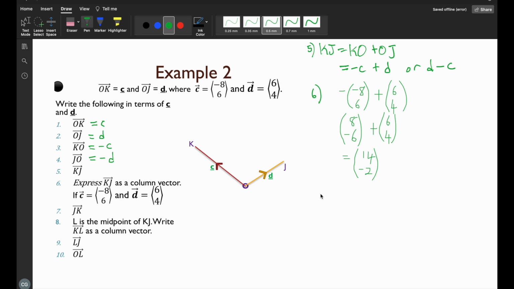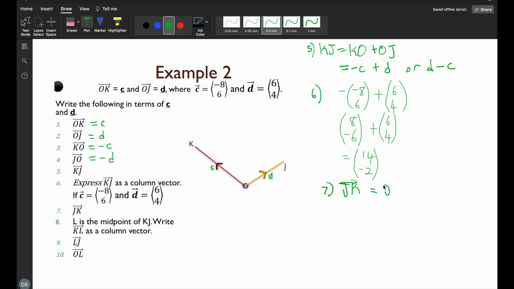Now, number 7, JK. We want to express JK in terms of these letters. All we need to do is change the signs. This is minus C, so it turns to positive C, and so forth. It's just the inverse. But let's do it the long way in case.